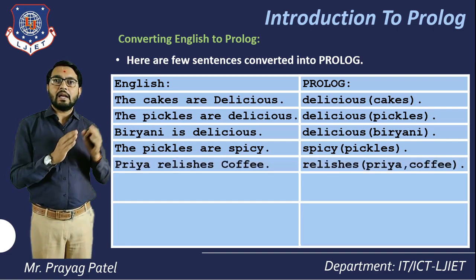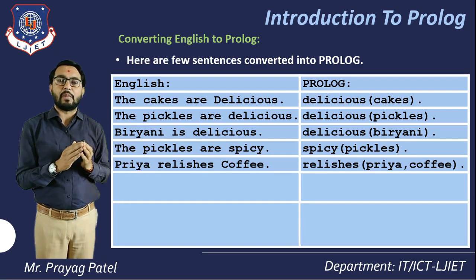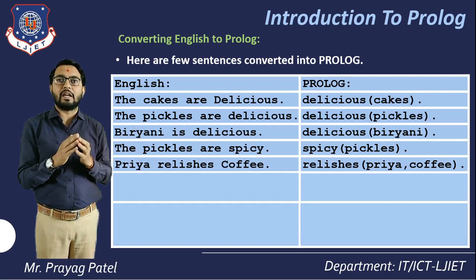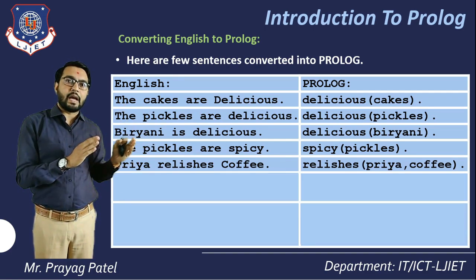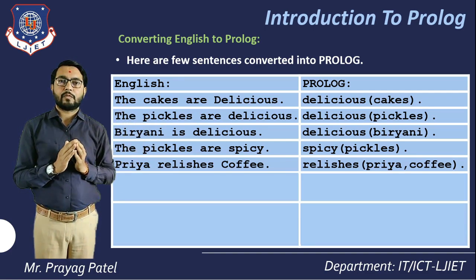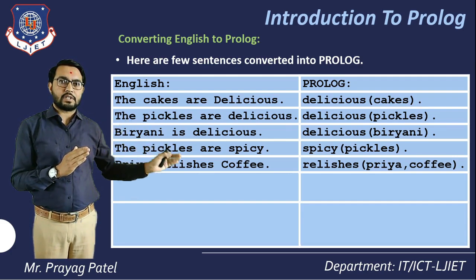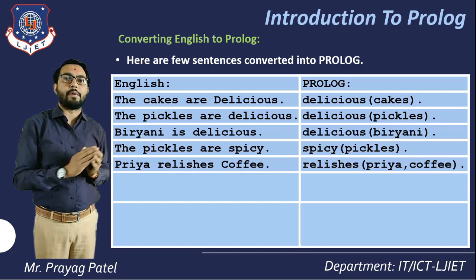Next, Priya relishes coffee. So here we write relishes, Priya, comma, coffee. The sentence reads: first Priya, then relishes, then coffee.